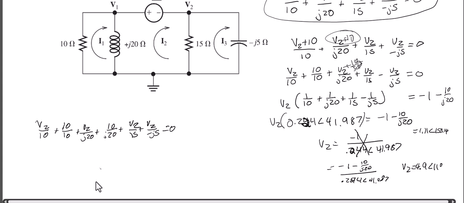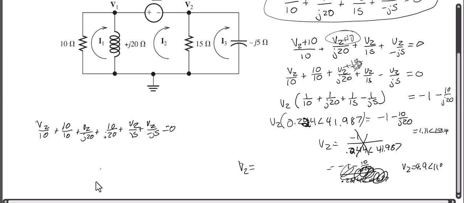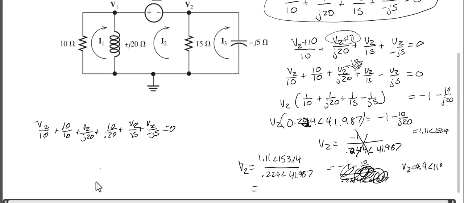And then I converted this to polar. And then I did that, and that gave me 4.9 angle 111 degrees.